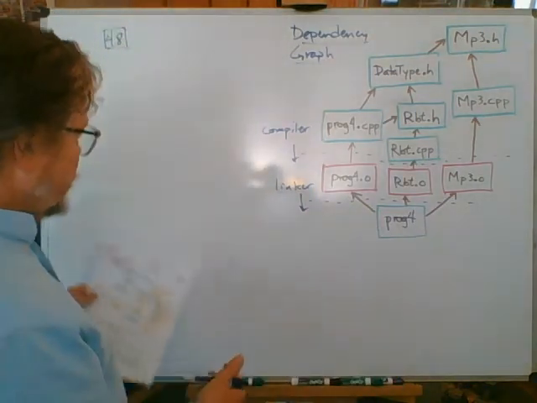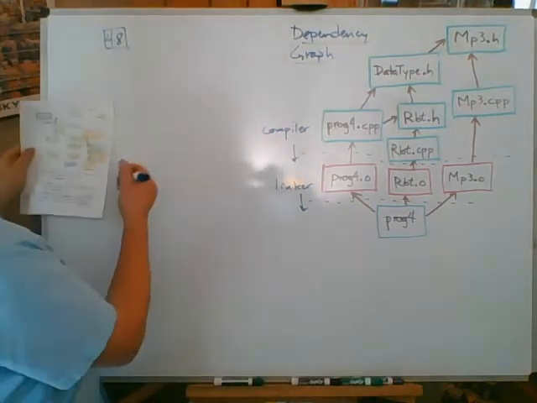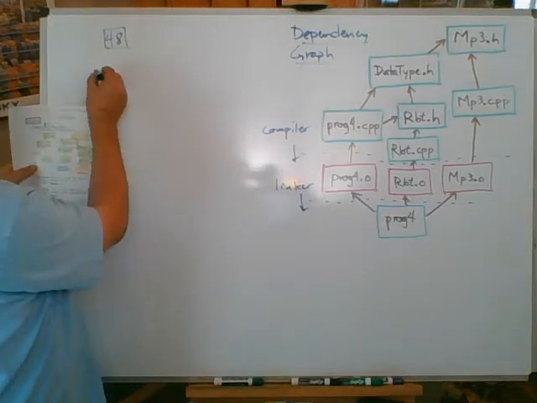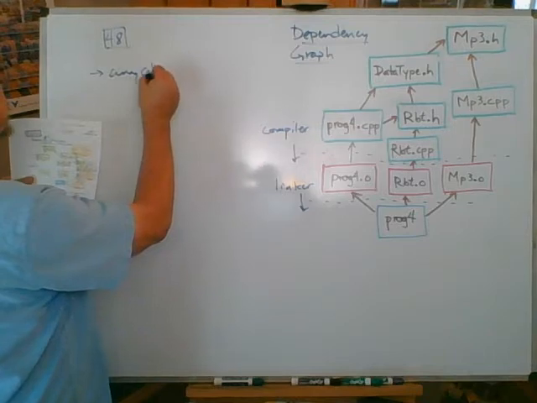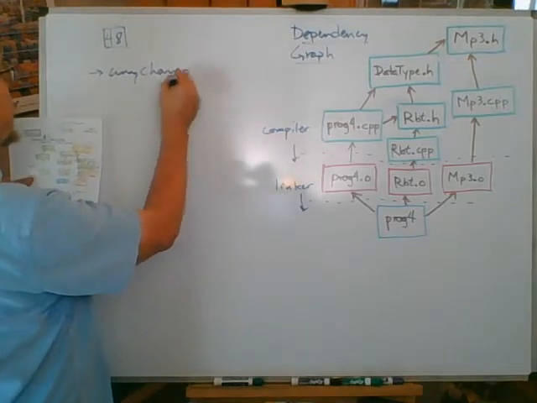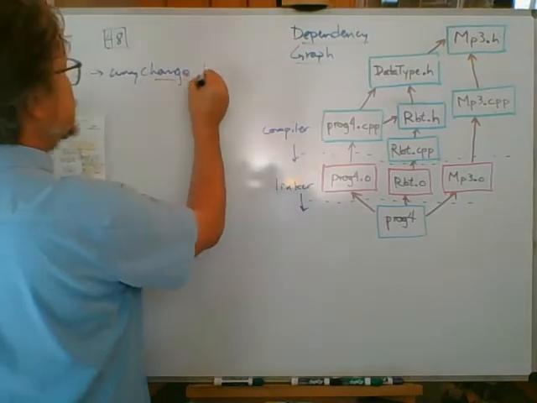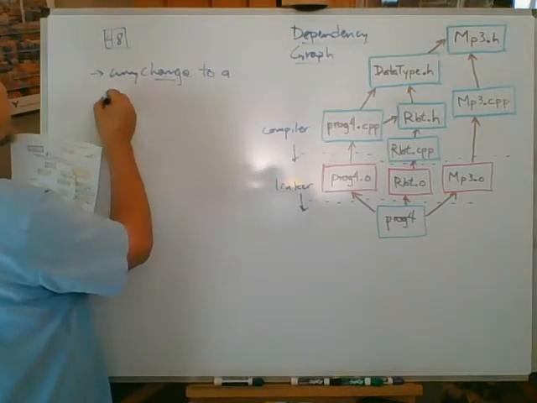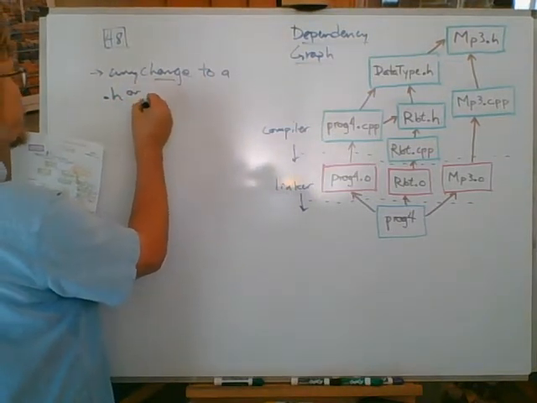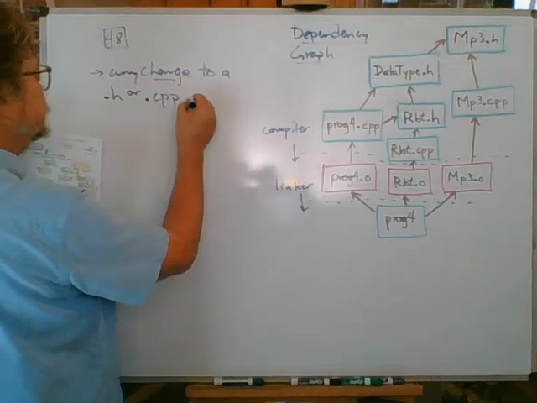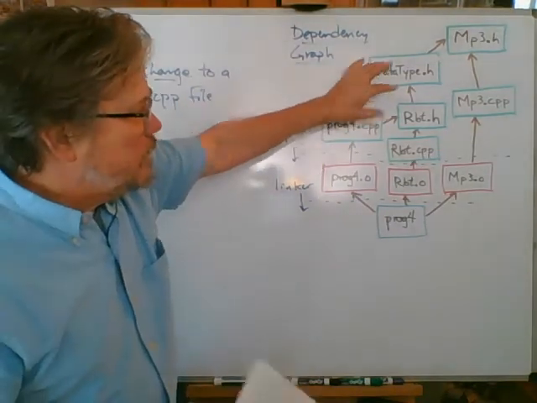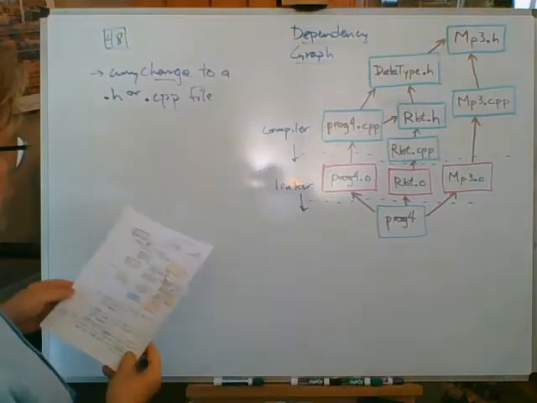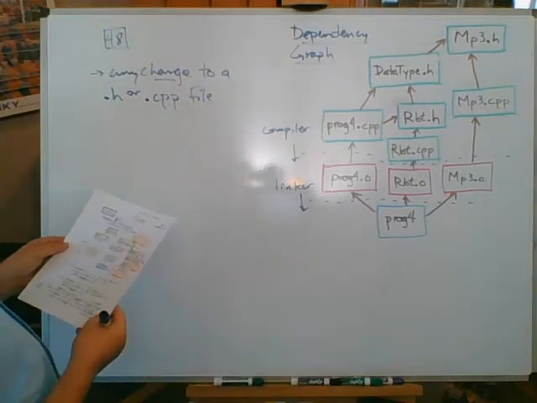What do we learn from all this? Well, I'll summarize this over here with an arrow instead of bullet points. Any change to a .h or .cpp file, those are the ones in the green boxes up here. These are all the .h and .cpp files, the ones that we typed in using our editor.